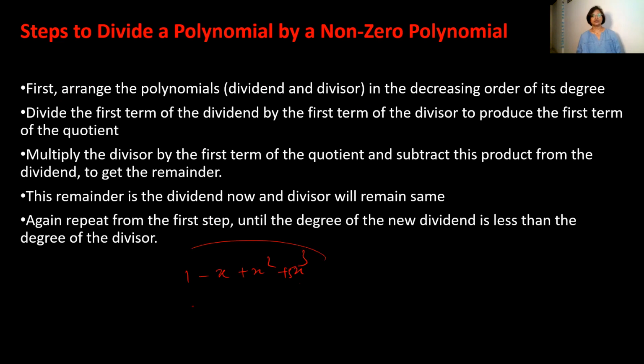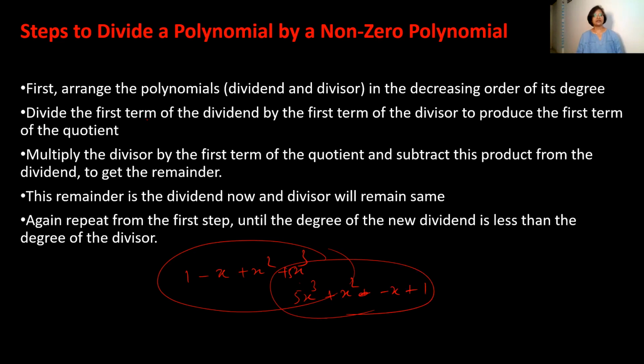Decreasing order means highest to lowest degree, so we have to write it in that form. So the first step is this.